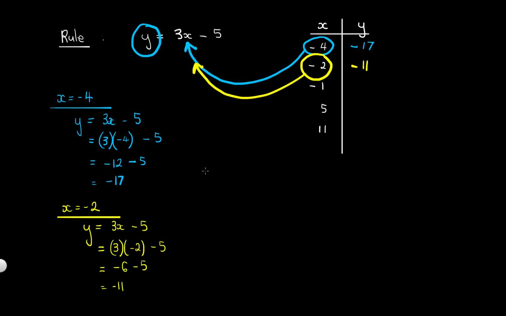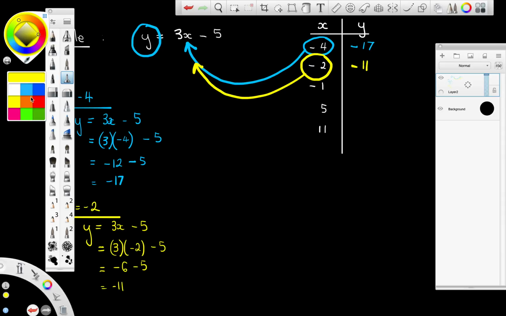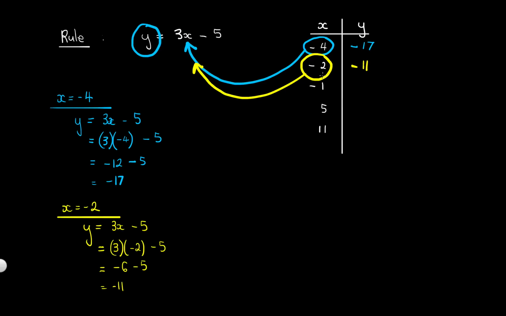Let's do 2 more together. We'll do -1. So we'll plug that number in. So for x equals -1, write our equation down first. y equals 3x minus 5.